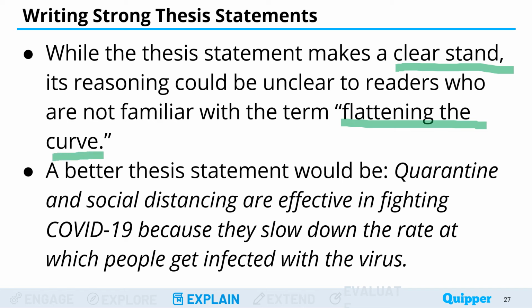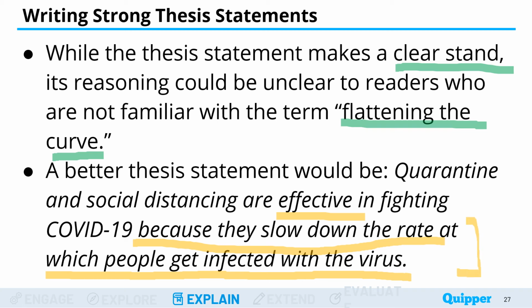So a better thesis statement should be: quarantine and social distancing are effective in fighting COVID-19 because they slow down the rate at which people get infected with the virus. Even if the word effective is mentioned here, the reason or the clearer idea is being stated here, so it is okay.